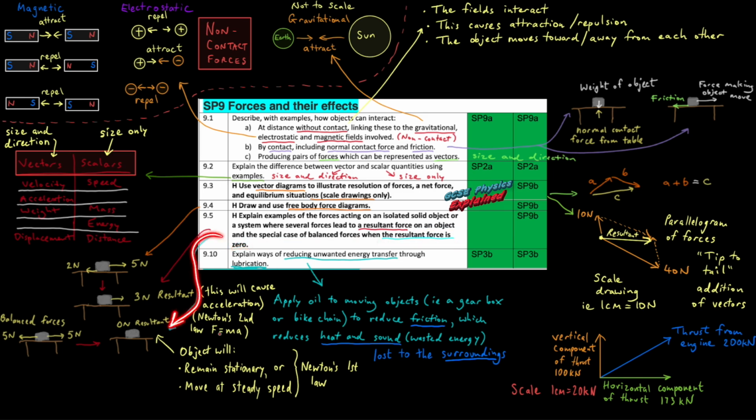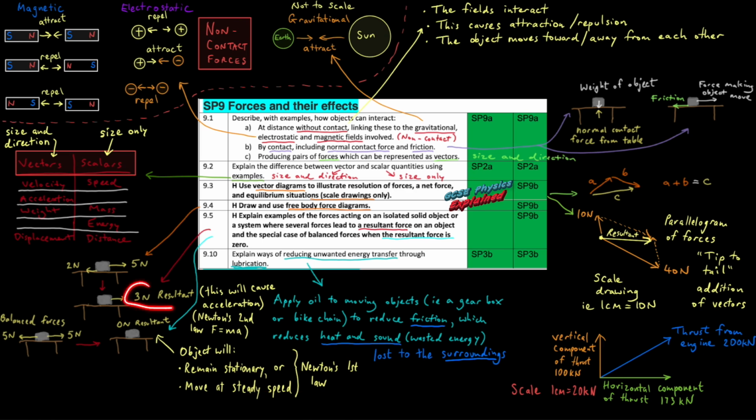If I follow this down here, this time you've got 5 newtons to the left, 5 newtons to the right. That's going to cancel out to give 0 newtons of a resultant. So in other words, the object will remain stationary if it's already stationary, or it'll move at a steady speed. And that ties in quite nicely with Newton's first law, because it is Newton's first law.